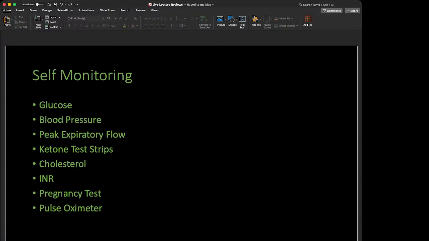And then self-monitoring tests would be things like glucose, blood pressure, peak expiratory flow, ketone test strips, cholesterol, pregnancy test, and pulse oximeter. Some of these tests really require additional attention, especially glucose, blood pressure, and cholesterol, in trying to maintain those ranges.